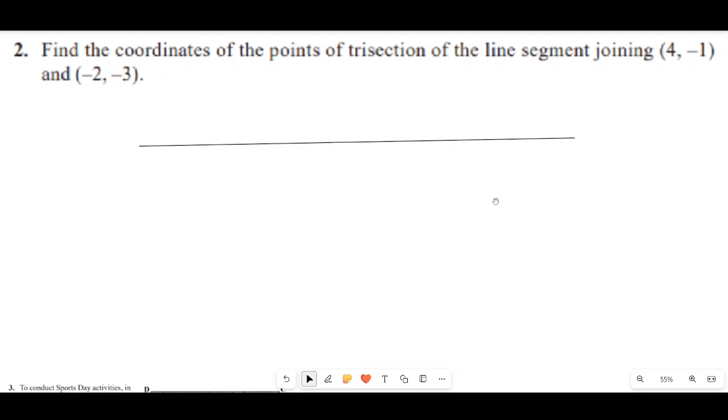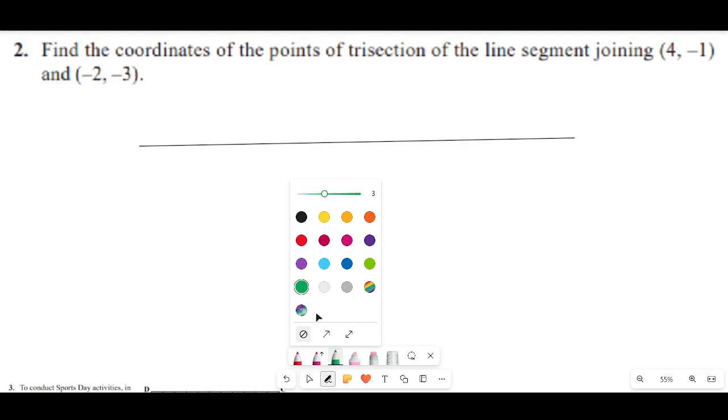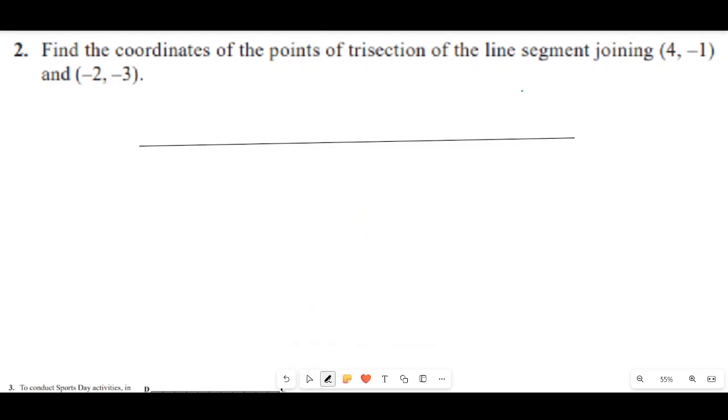This is a line, and the first point is given as (4, -1) and the second point is (-2, -3). Clear?